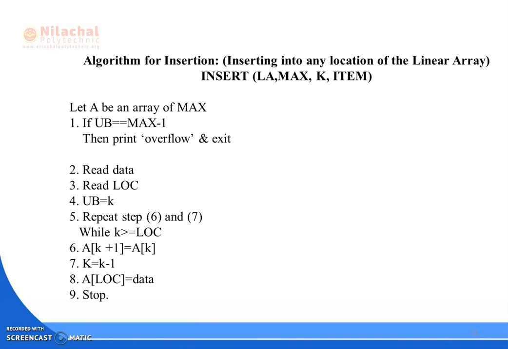Next, I have to check if 3 is greater than or equal to the location. The location was 1 and the upper bound, or k value, is 3. Yes, it is satisfying the condition.